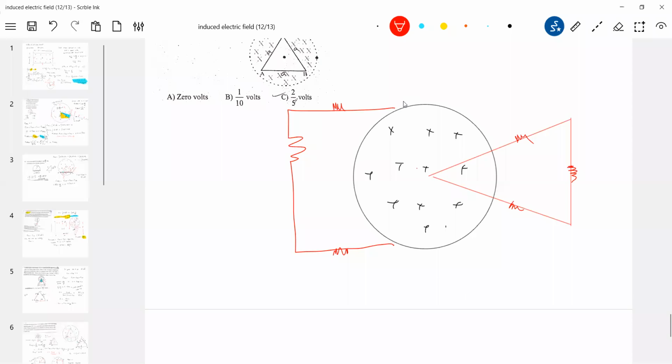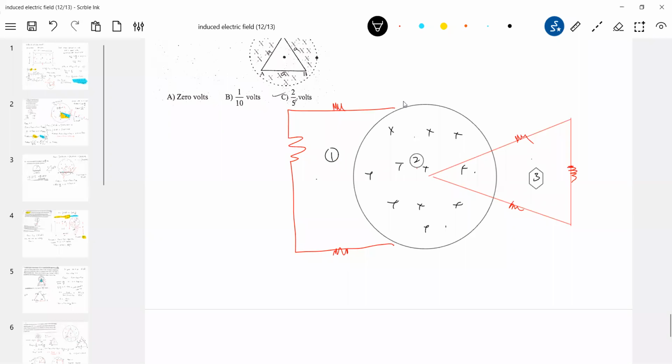What about the EMF induced in this loop? I'll give the numbers 1, 2, 3. Altogether we have 3 loops. There's no EMF induced in loop 1. Net EMF induced in loop 1 should be 0. B bar is present only here. What about the EMF induced? It is partially there, only this area of this sector, S into dB by dt.